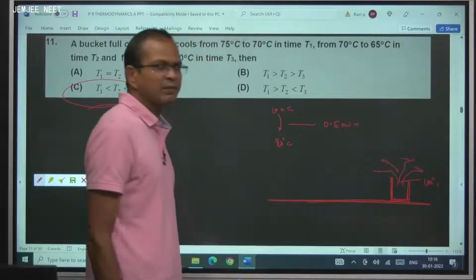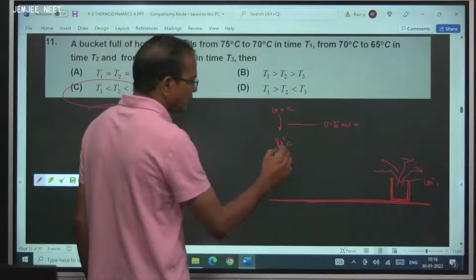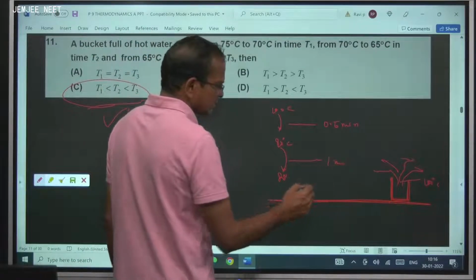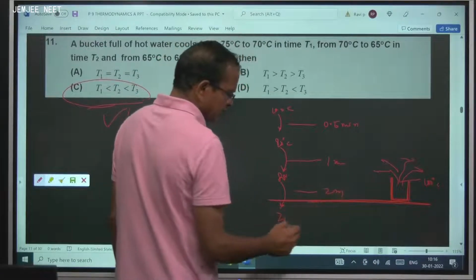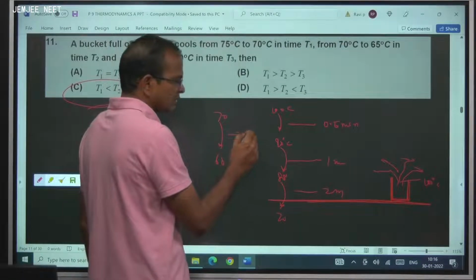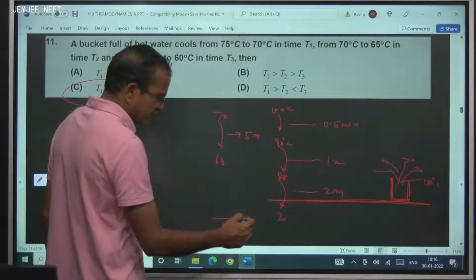But to come from 90 degree to 80 degree, it takes 1 minute. From 80 to 70, it may take 2 minutes. From 70 to 60, it may take even 5 minutes. Finally, room temperature stands at 30.